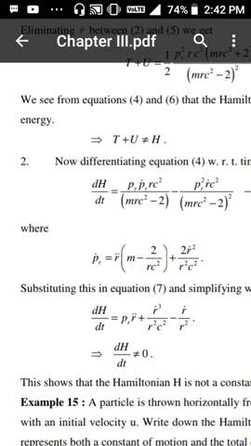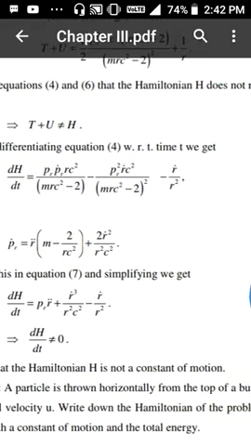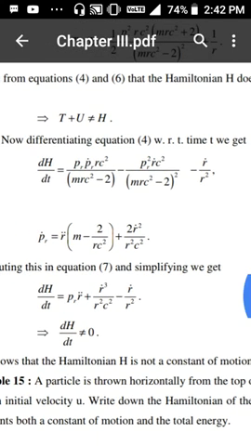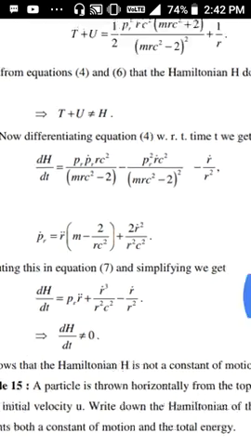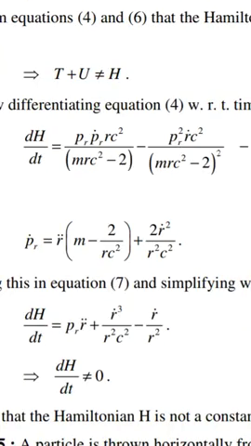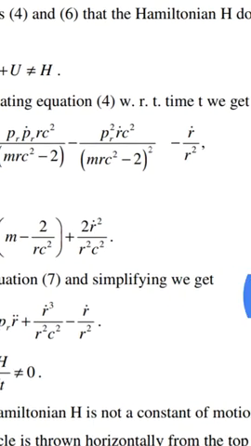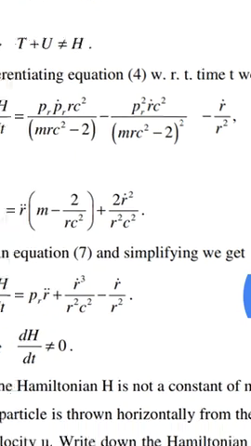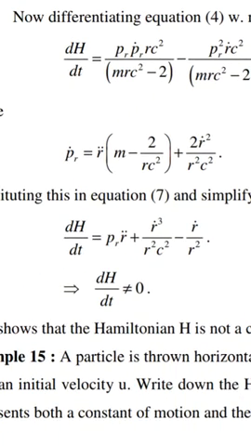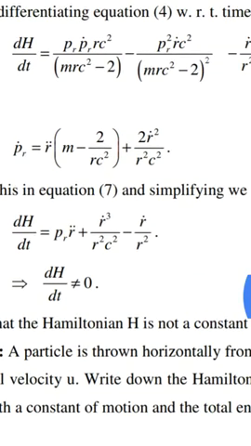Now differentiating equation 4 with respect to t, we get dH by dt is equal to pr dot r c square divided by m r c square minus 2 minus pr square r dot square c square divided by m r c square minus 2 whole square minus r dot divided by r square. pr dot is equal to r double dot into m minus 2 divided by r c square plus 2 r dot square divided by r square c square.